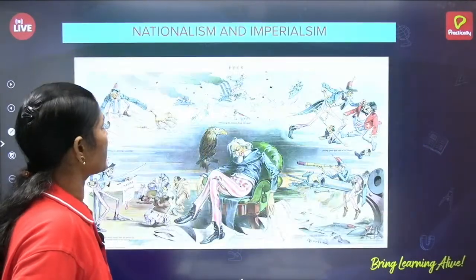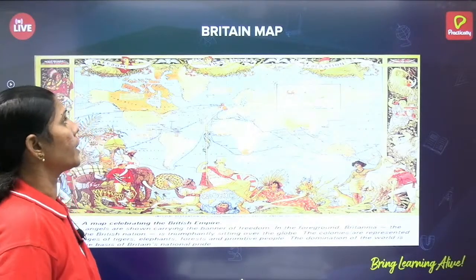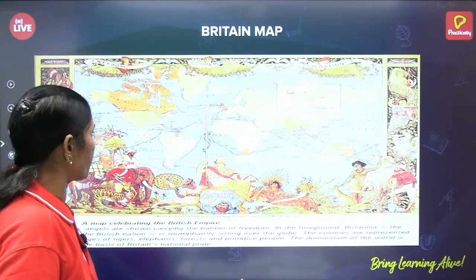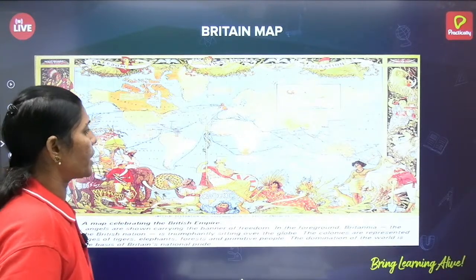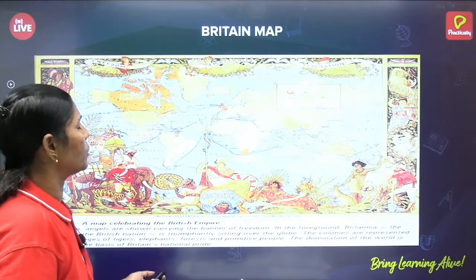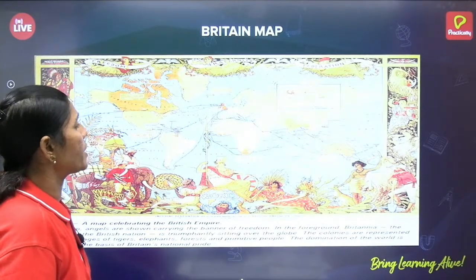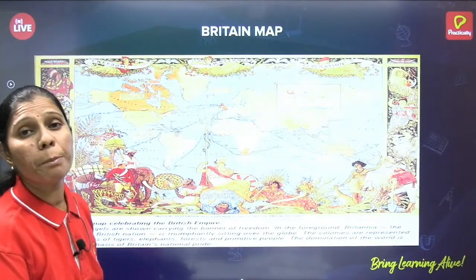We can also say that different changes came in Great Britain. This is about Great Britain. Once Britain was united, it started expeditions to different countries and began imperial rule.